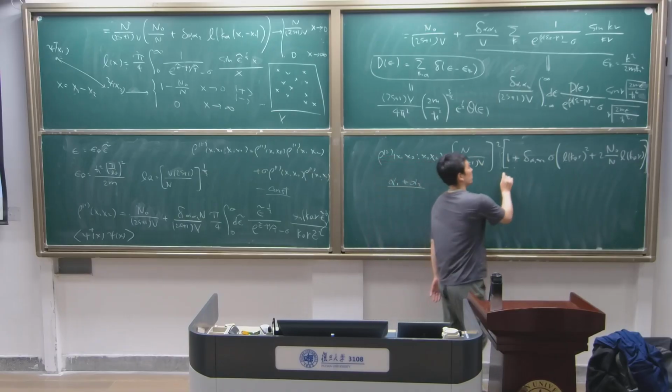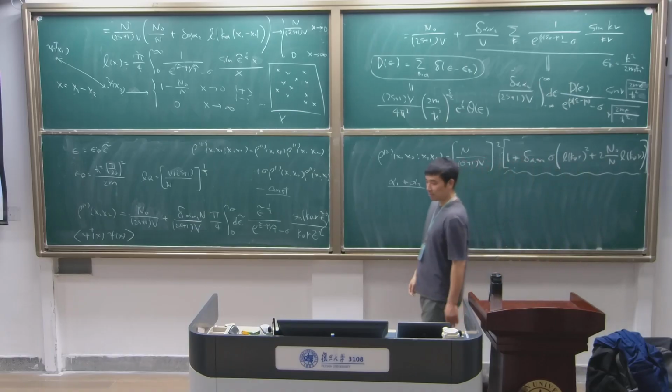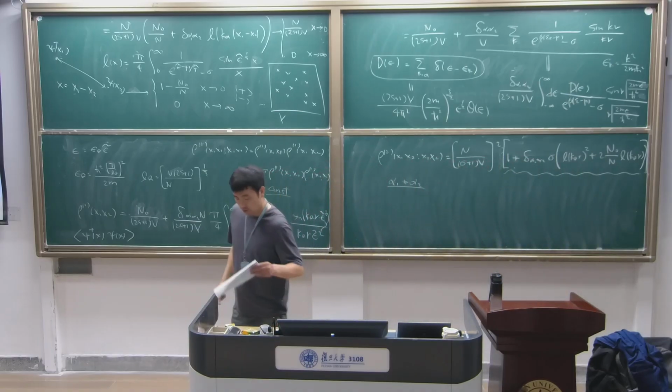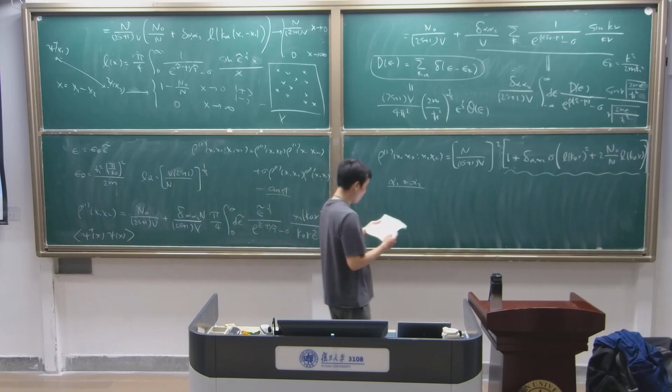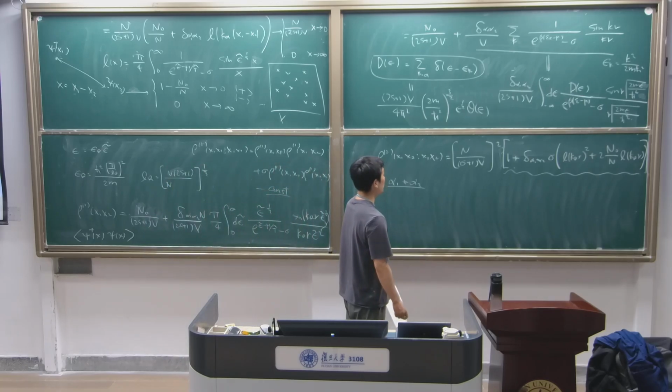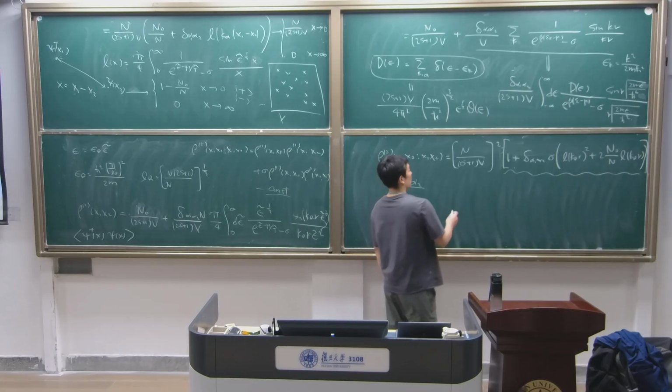So this part is important. It becomes 1, and this means that there is no correlation between different spins.